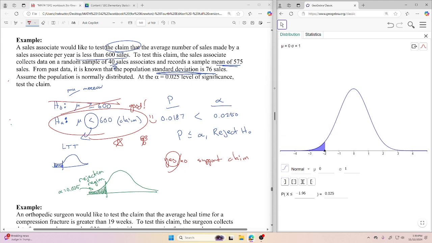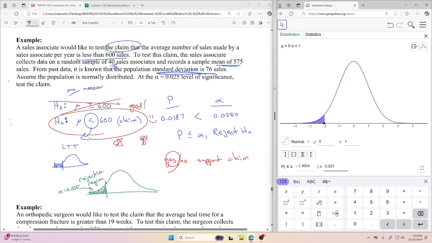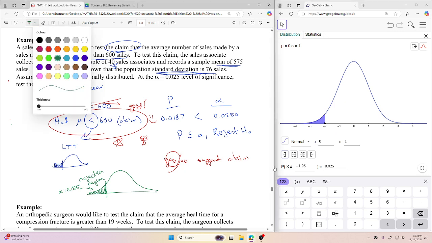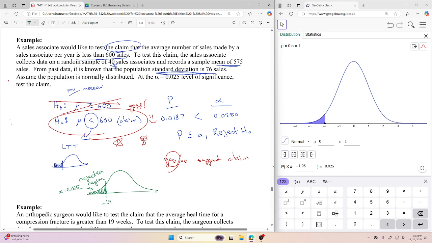So I want to know, where is this cutoff line here? And for this guy, it is 1.96. So in the green, this is negative 1.96. That's my z-score. This is the cutoff line for the rejection region or not. So far, so good. Are y'all okay with that?